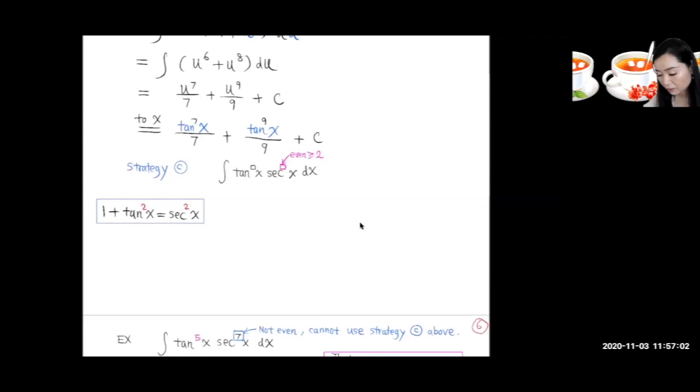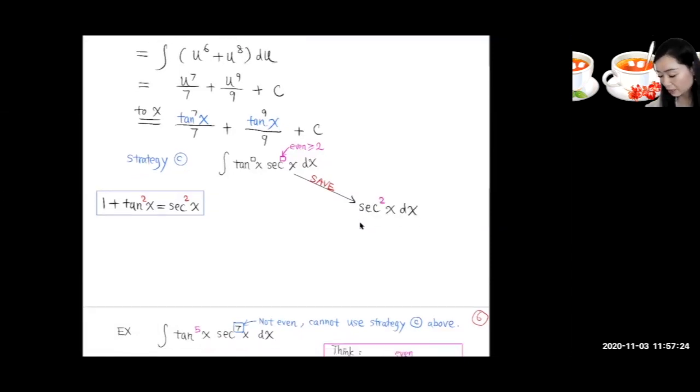So what you do over here is you're trying to save one secant square with dx, because later on this is going to become d of tangent x. The derivative of tangent x is secant square, okay? And then by doing this, you still have an even power of secant over here.